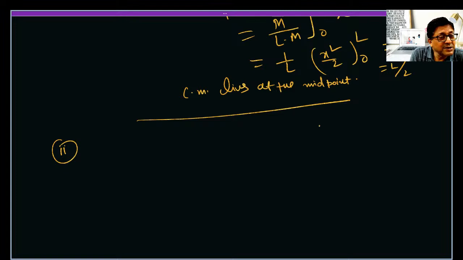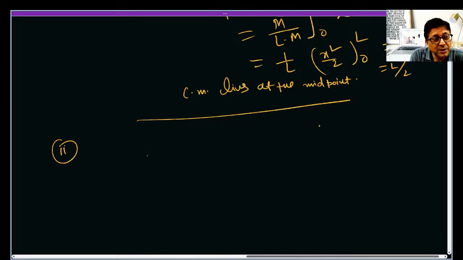Linear mass density means what? Gradually it's increasing, it is not fixed over there.